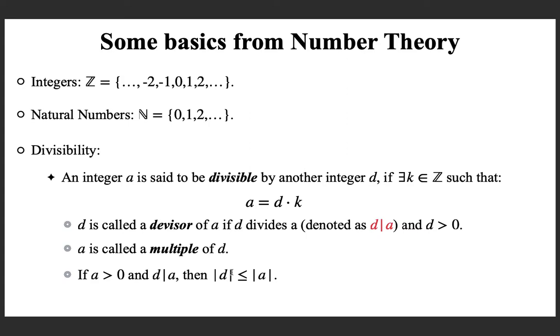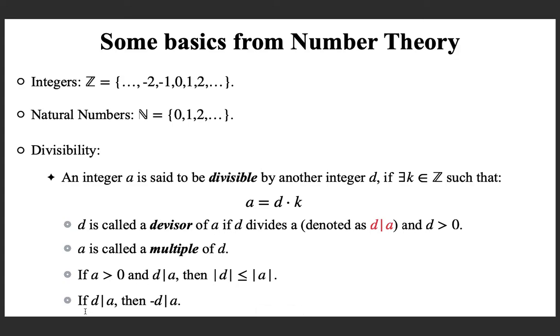If negative 10, then the absolute value of negative 10 is 10. That is what I mean. So, when a is greater than 0 and d divides a, then the absolute value of d is less than or equal to the absolute value of a, which is very easy to see.